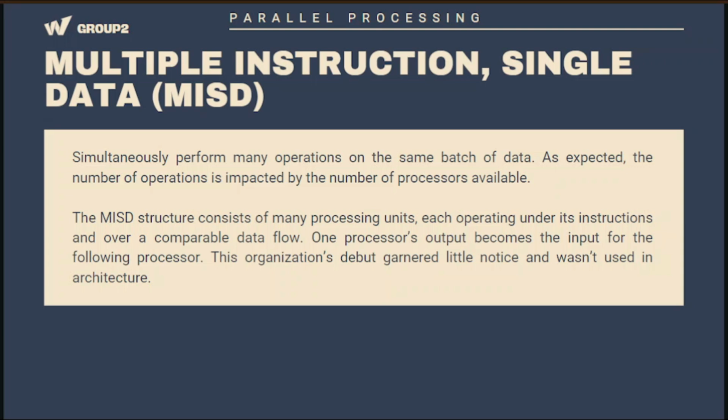The MISD structure consists of many processing units, each operating under its own instructions and over a comparable data flow. One processor's output becomes the input of the following processor, and these organizations garnered little notice and weren't used in architecture.